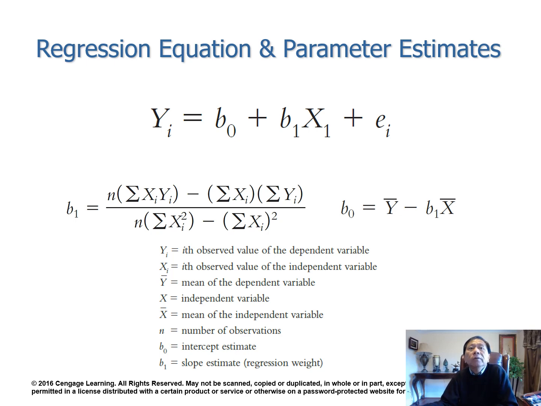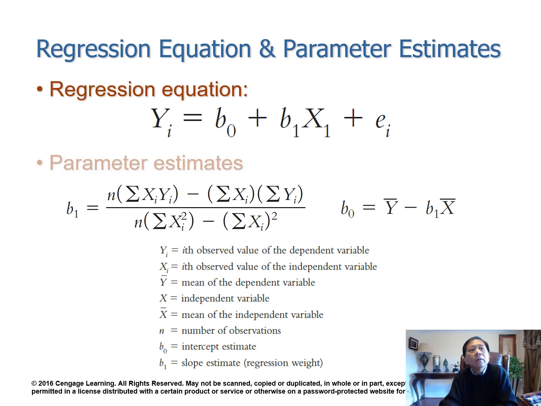That's your slope. B0 is simply y bar minus b1 times x bar, to calculate your intercept. These are the parameter estimates.